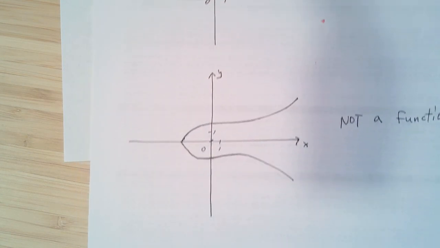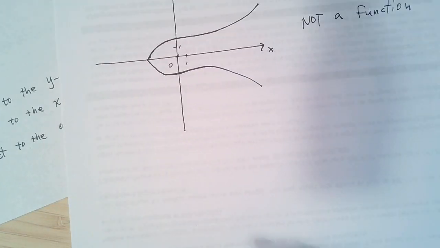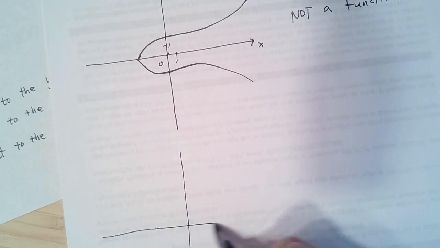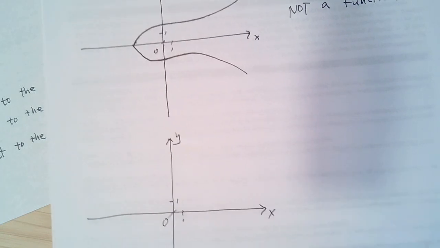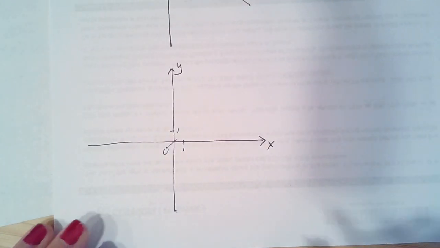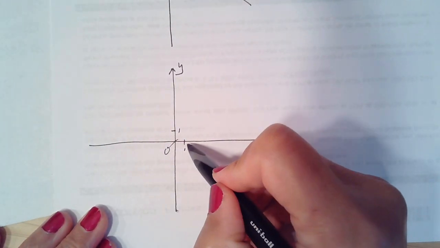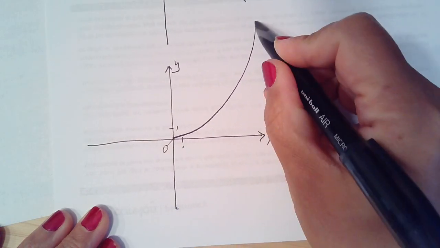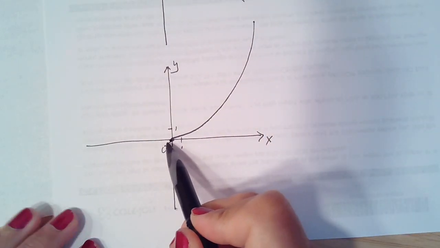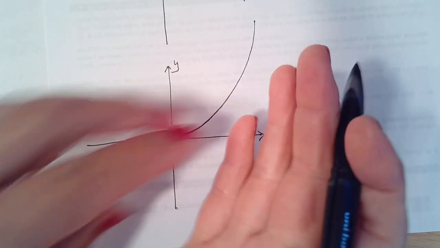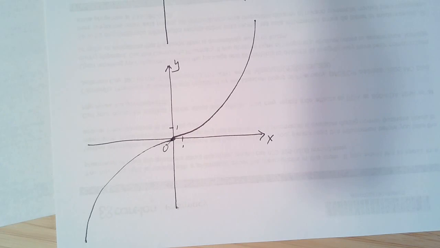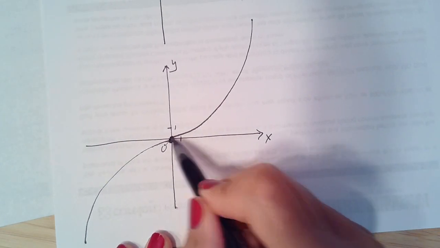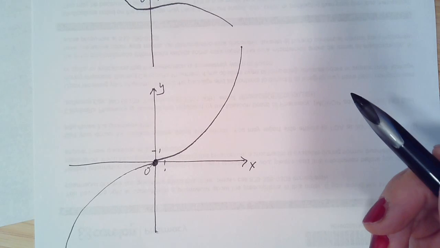Now the last one, symmetric with respect to the origin. So you have this graph. Here's 0, 0, 1, and 1, and x and y. I have this xy coordinate system. So if you have a graph that looks like this, and on the other side it's like you're rotating this 180 degrees. It goes like that. So this is called symmetric with respect to the origin.